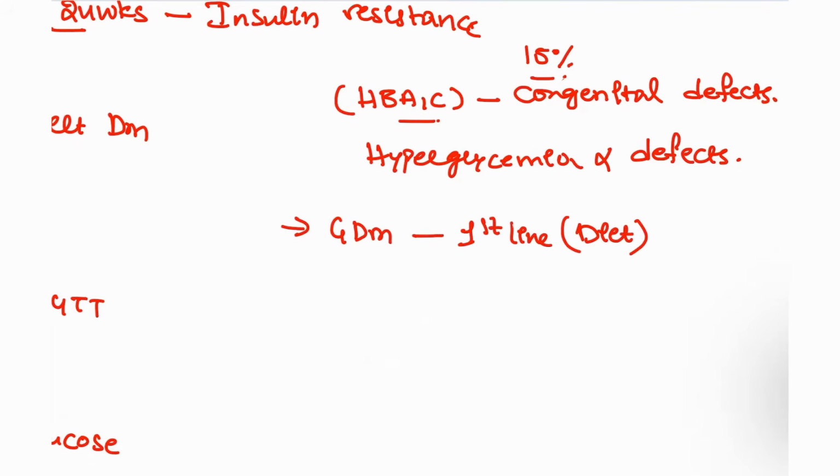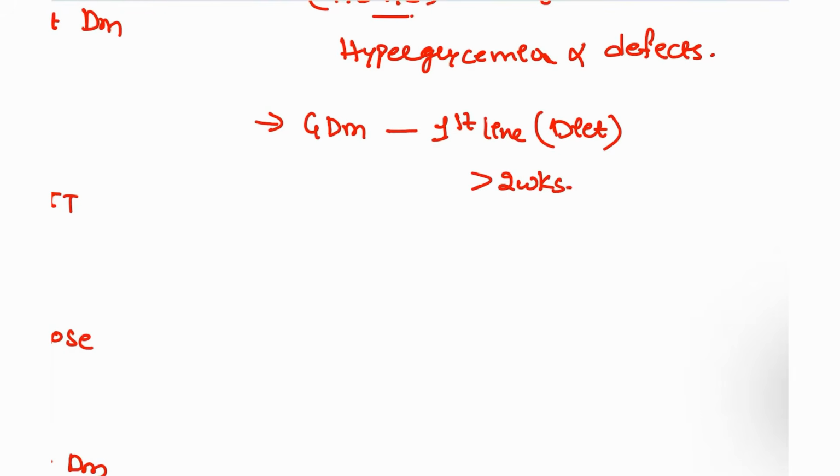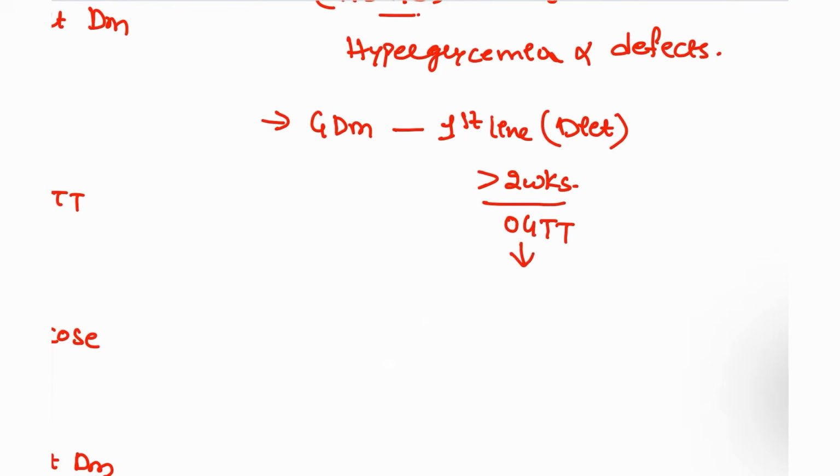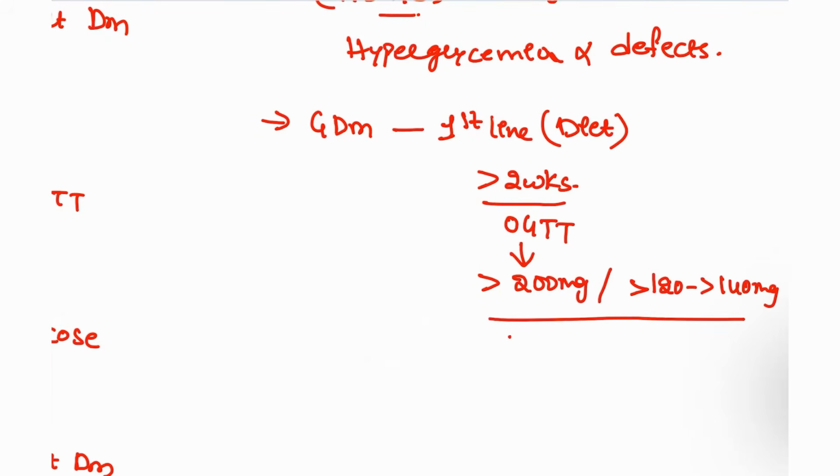And if the diet restriction is not done properly, then after 2 weeks you have to repeat the OGTT. Then if the OGTT shows more than 200 milligrams or more than 120 to 140 milligrams, you have to go for insulin therapy.